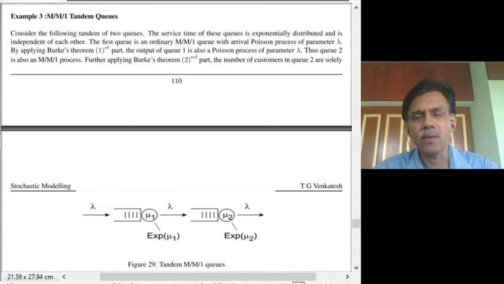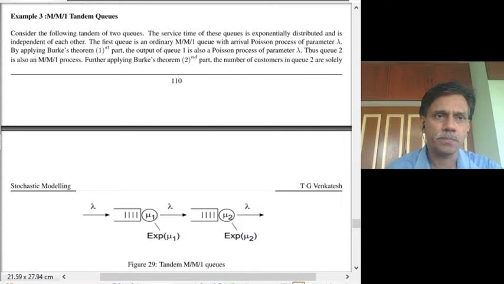Then we will generalize and look at a network of queues. We will distinguish between open and closed network of queues, and then we will see how Jackson's theorem can be successfully applied to analyze network of queues.